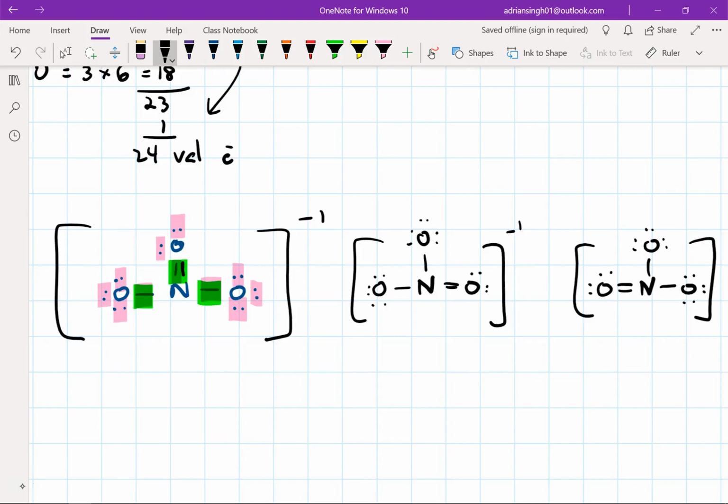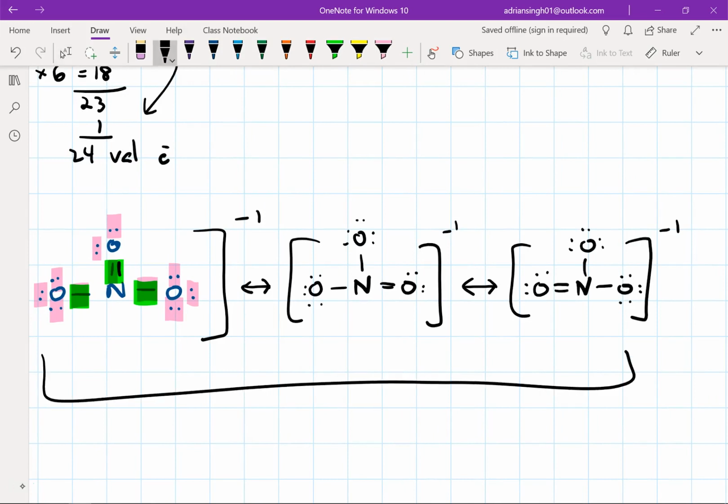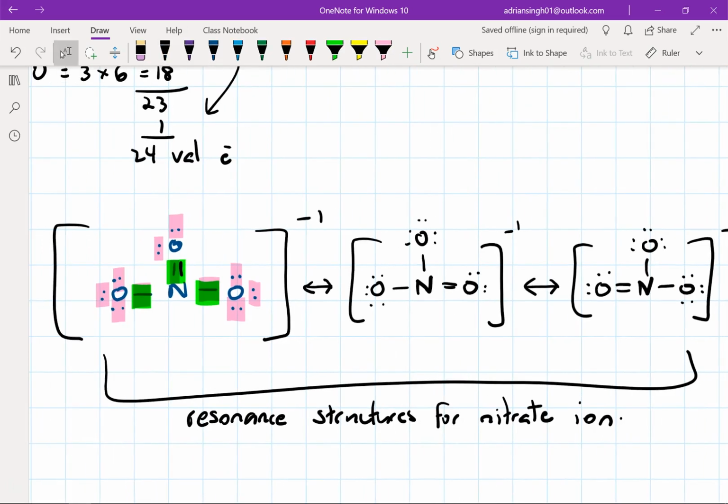And this has a -1 charge as well, right? So these are all resonance structures for the nitrate ion. So they are acceptable ways to draw the Lewis structure. We have multiple acceptable ways to draw the Lewis structure, so we refer to those as our resonance structures.